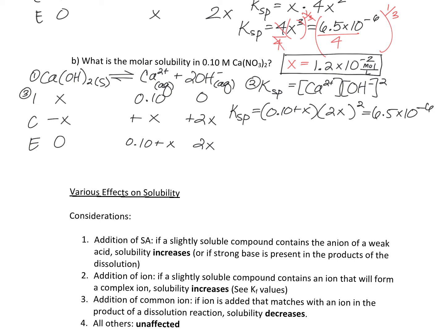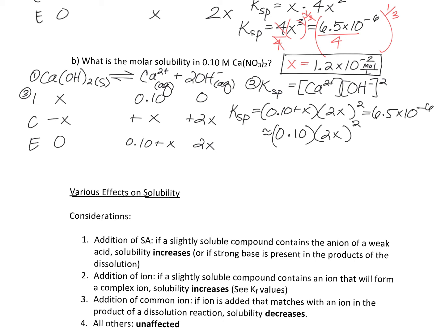And most of the time when you're dealing with slightly soluble ionic compounds, there's very little dissolution that's happening, very little ionization. So this x compared to the 0.1 is very, very small. So we are going to assume that this is just equivalent to 0.10 times 2x squared. Okay, that simplifies it a lot.